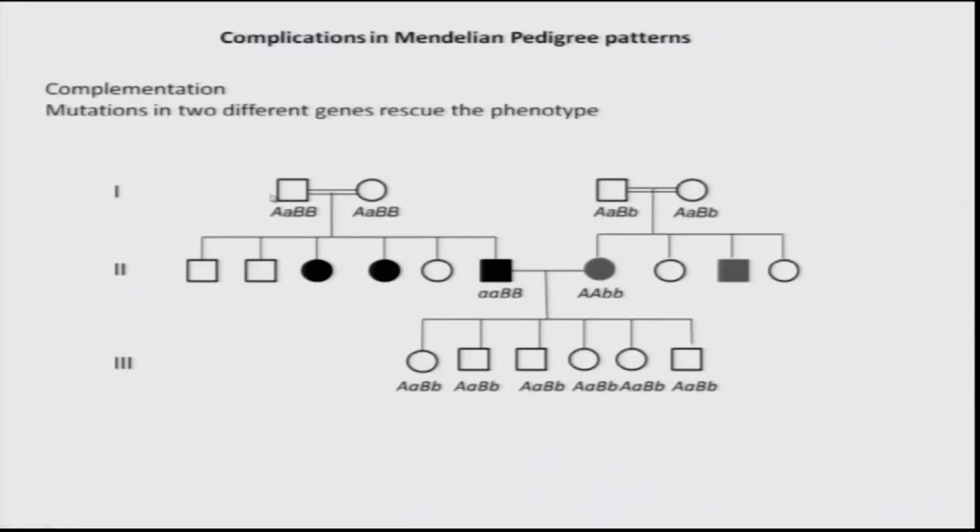You are talking about a genetic defect in two different genes, and here in this family, for example, it is resulting from a defect in, for example, this small a, right.